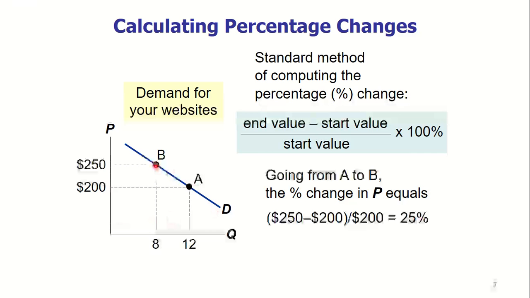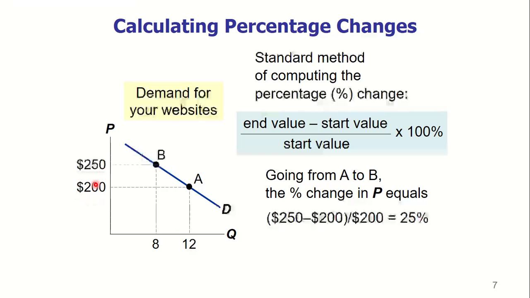Going from point A to B on the graph, the percentage change in price: initially the price is $200, and then at this point it is $250. That is the end value, and $200 is the start value.